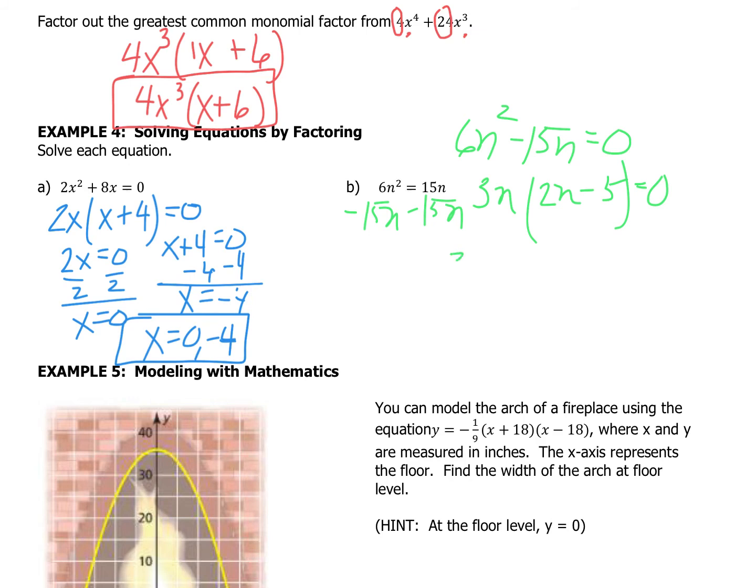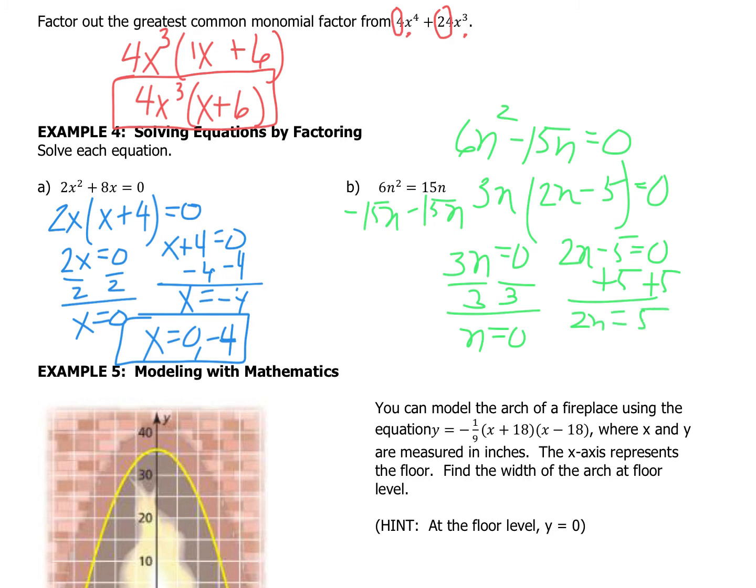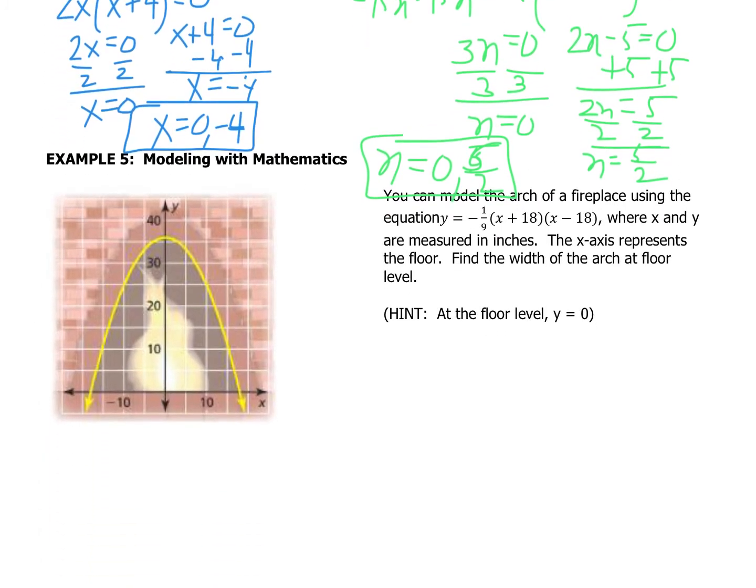So then, with the zero product property, I make those two expressions equal to 0, and then I solve. So my answers are 0 and 5 halves.